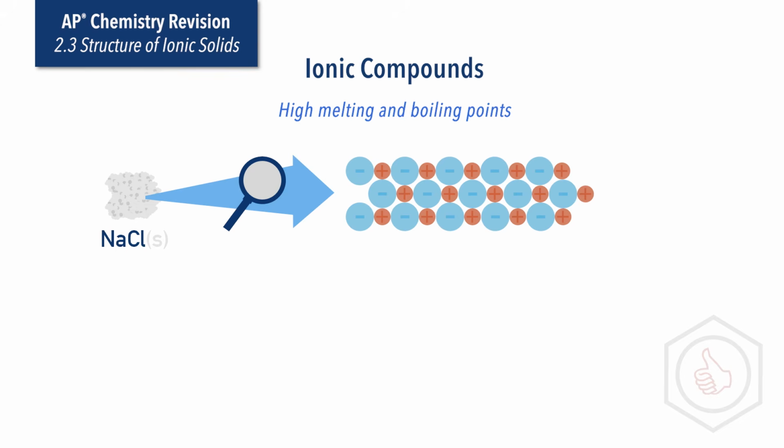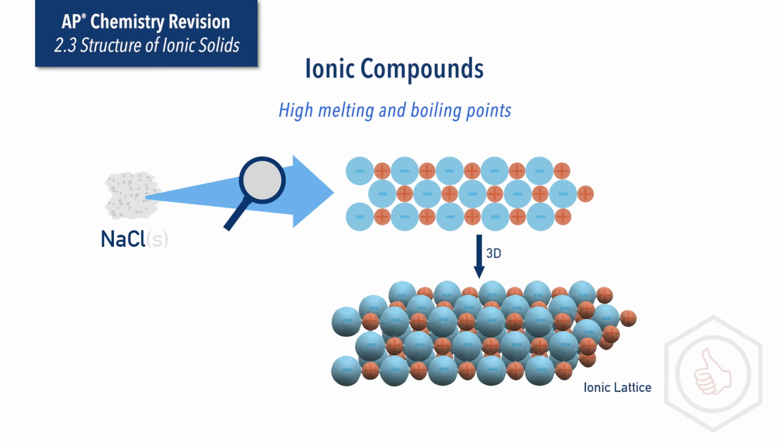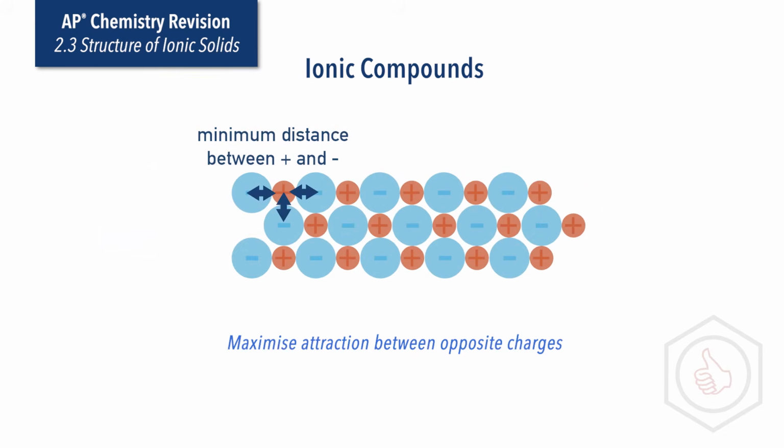In an ionic solid, cations and anions, so positively charged and negatively charged ions, are arranged in a regular three-dimensional grid. The reason for this is because for the solid to be as stable as possible, it needs to maximize attractive forces between opposite charges, so cation to anion, and minimize repulsive forces between like charges, so cation to cation and anion to anion.